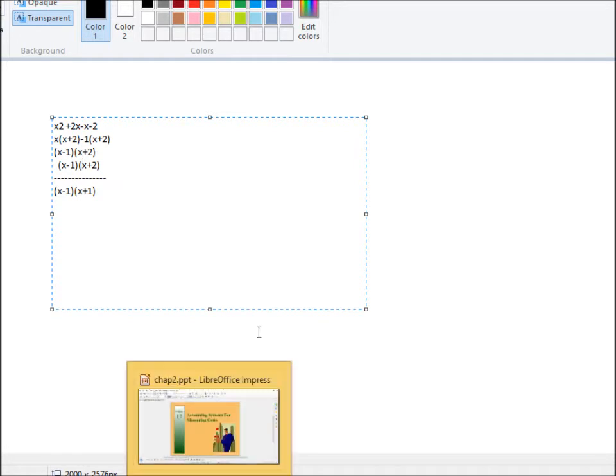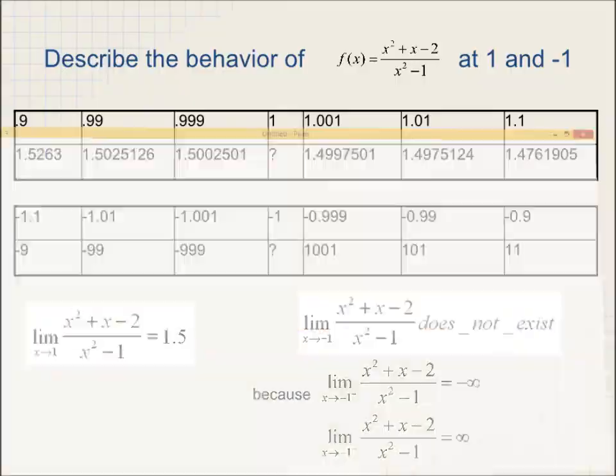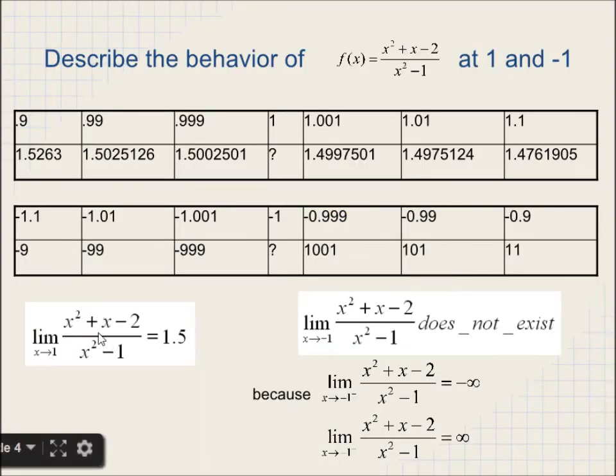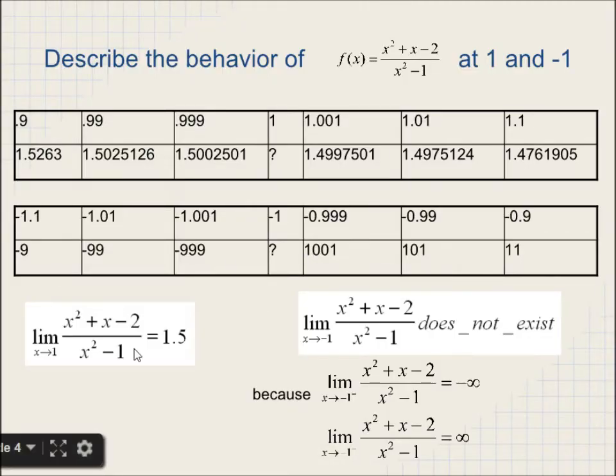Now when you put the value 1 in (x + 2)/(x + 1), you get 1.5. How?